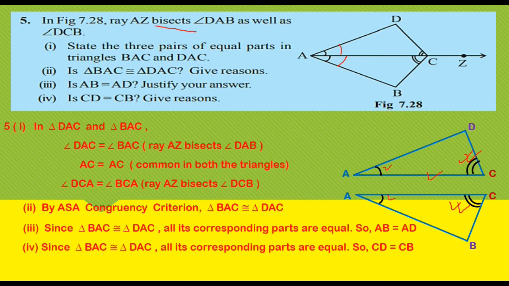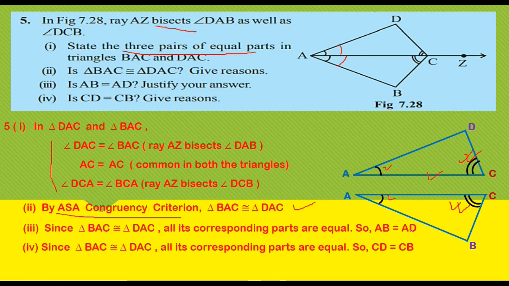So you can see the 3 facts are given, 3 pairs of equal parts. Then by ASA congruence criteria, triangle BAC is congruent to triangle DAC. Now the third part is, is AB equal to AD? Justify your answer. Yes, if the 2 triangles are congruent, all their corresponding parts are equal.